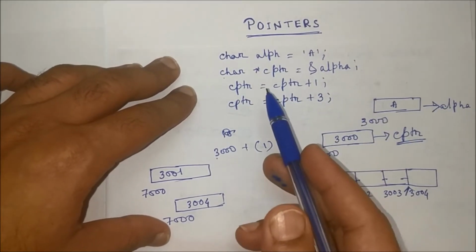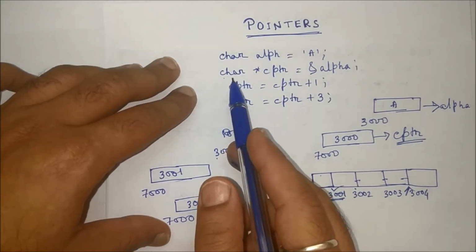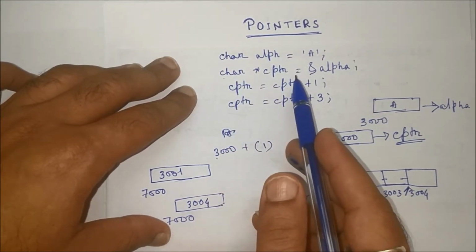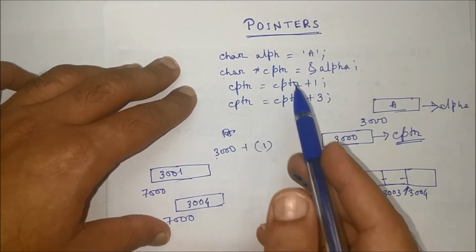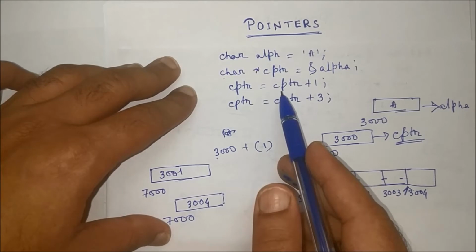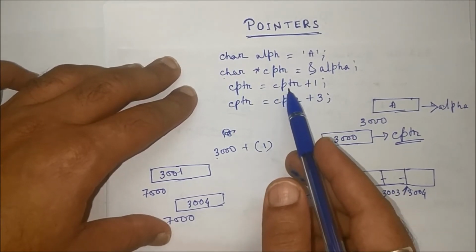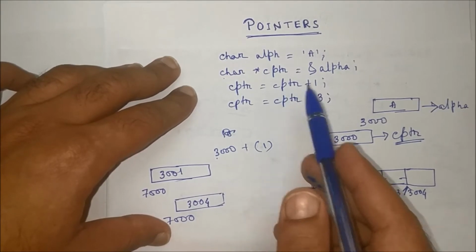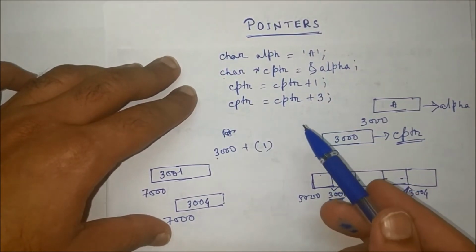That's the reason I told you initially that the data type of the pointer variable is very important, because it should match the data type of the variable whose memory address is getting stored inside the pointer. Whenever we perform a mathematical operation such as addition of numbers to the pointer variable, it always goes to the next location where a similar data type can be stored in the memory.